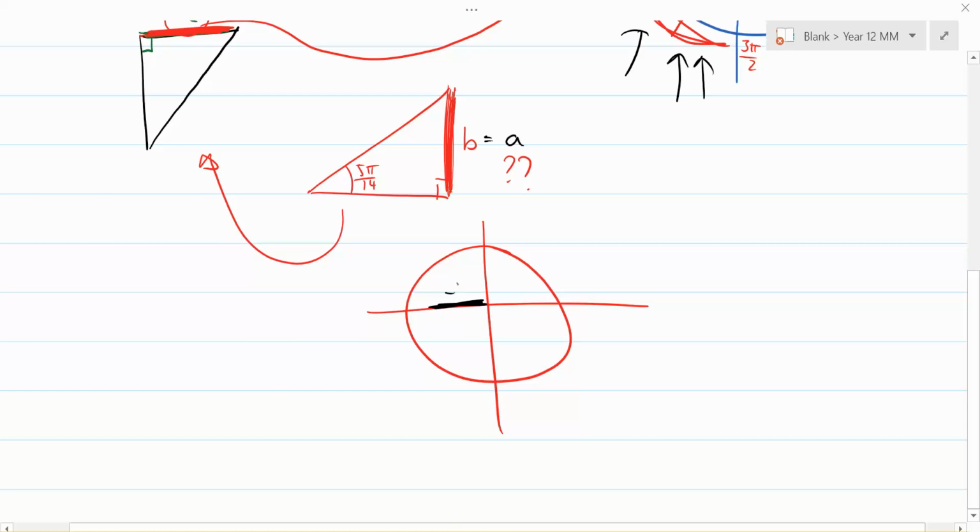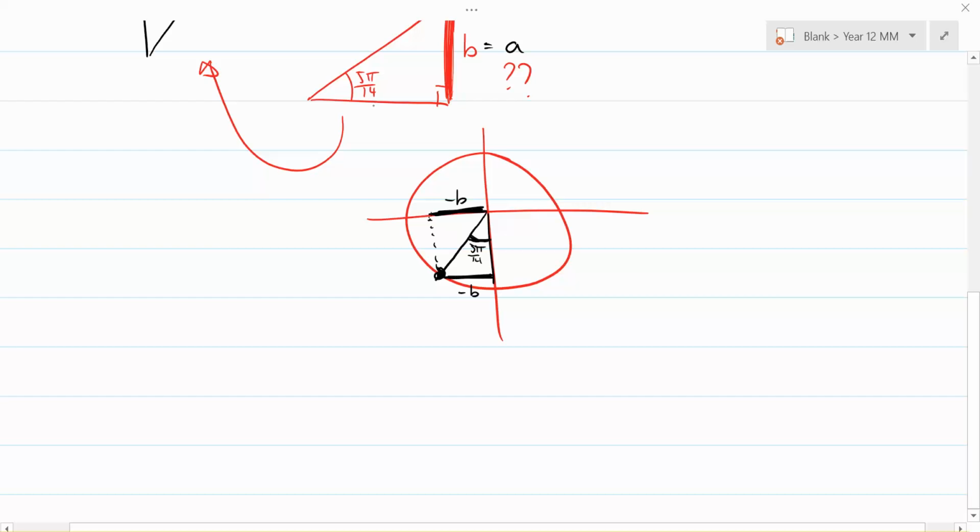If this was negative B, now, in order to get that, and remember, what angle did I want? I want, at this point, instead of getting it inside, I can get it here. I can say this is 5 pi on 14, and that's negative B there. Can you see how I'm just rotating this shape here?